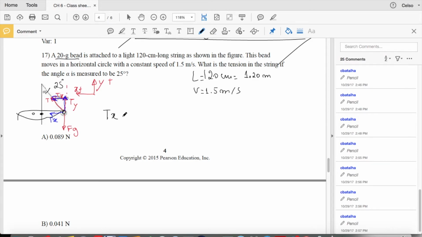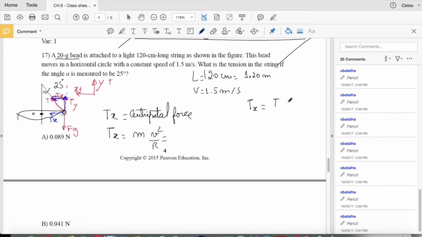Tx is your centripetal force, and Tx is equal to mv squared over r. But what is Tx? Tx is not the tension itself. Tx is equal to what?